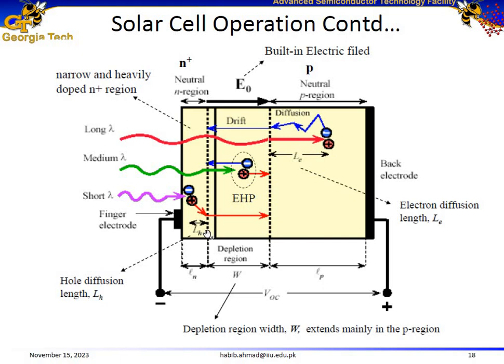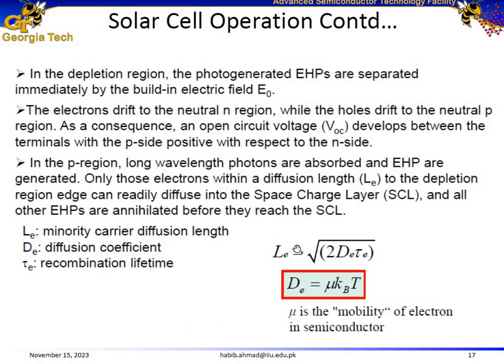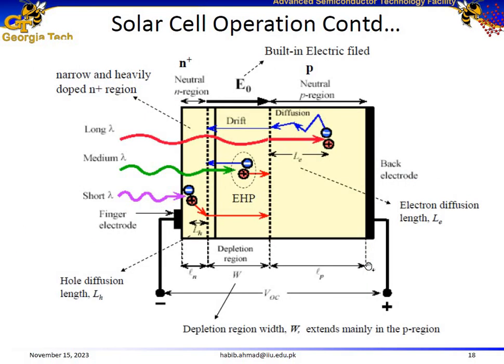The diffusion length can also be represented with this formula, where the diffusion length is equal to the square root of the diffusion coefficient times the recombination lifetime. But as for now, you can just assume that carriers have a particular lifetime and they can travel a particular distance within their lifetime. And for the hole, this distance is called the diffusion length.